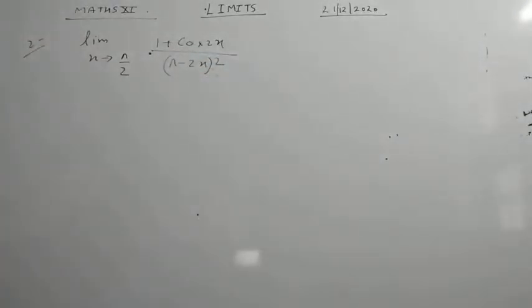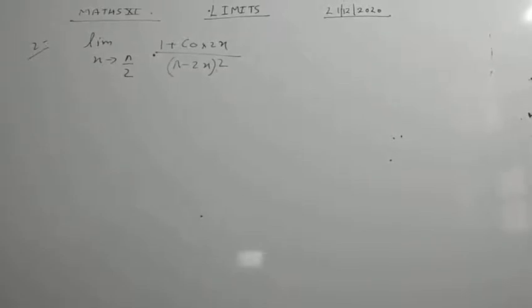Okay, students, this is our next question. Limit x tends to pi by 2 of (1 plus cos 2x) upon (pi minus 2x). Okay, now we take, students.